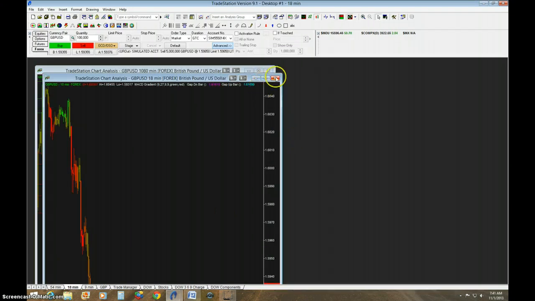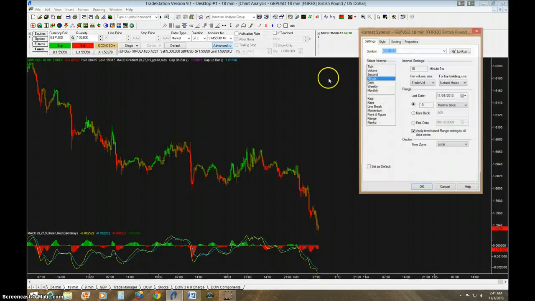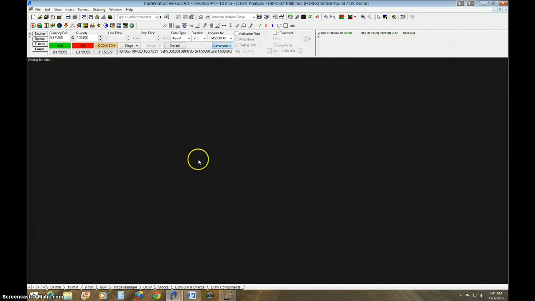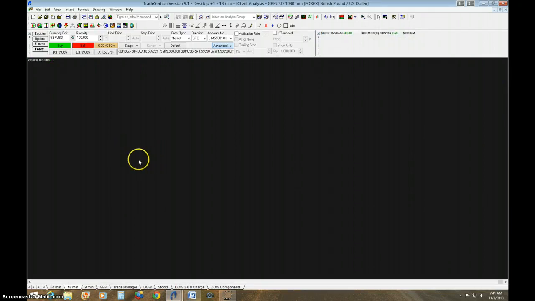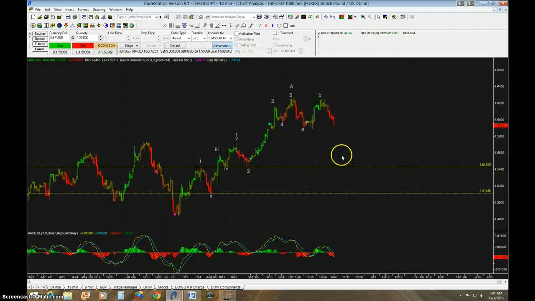So if I go to a bigger chart here, this is 18 minutes, but let me change it to 100 and, well, let's make it 18 hours. I think it'll be a little easier to see. Okay, so here it is. A, B, and when this wave is down, that'll be 1.